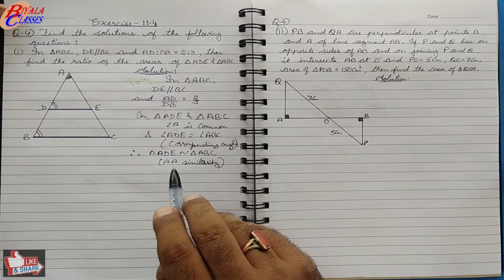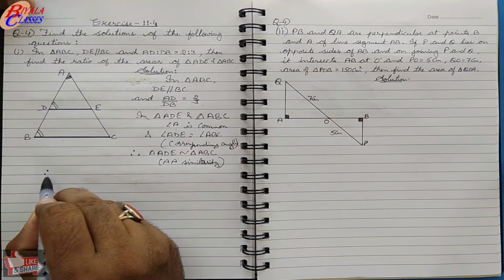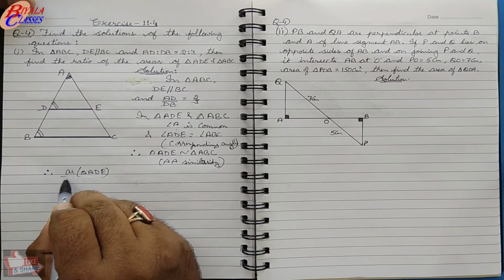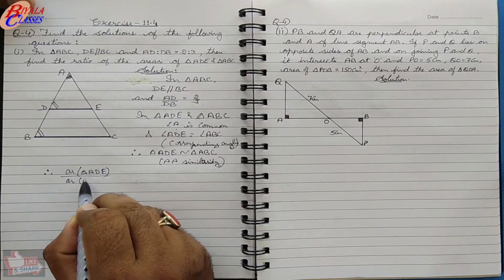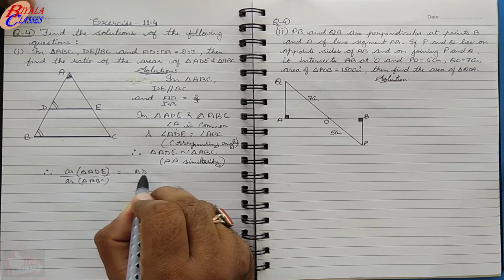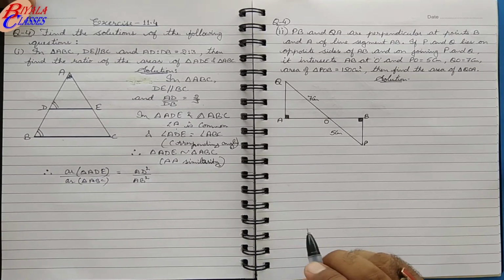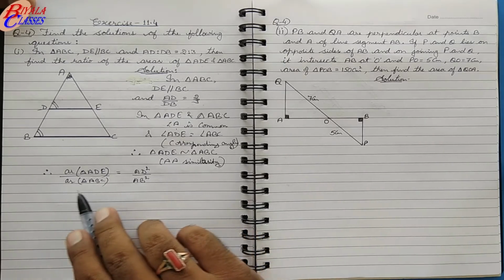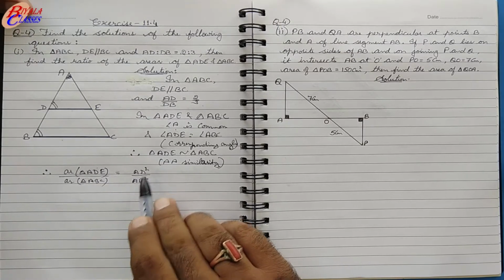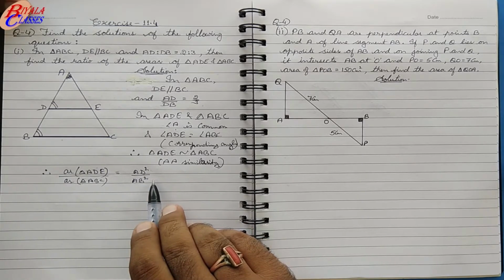Now once the triangles are similar, therefore the ratio of their areas, that is area of triangle ADE upon the area of triangle ABC, it will be equal to AD squared upon AB squared, because the ratio of the areas of two similar triangles is same as the ratio of square of their corresponding sides.